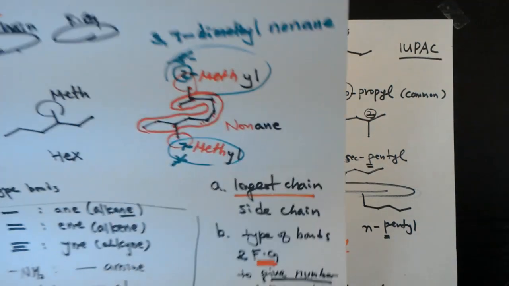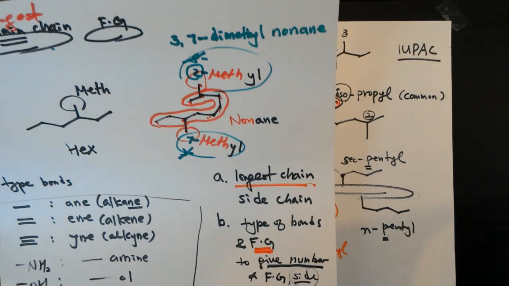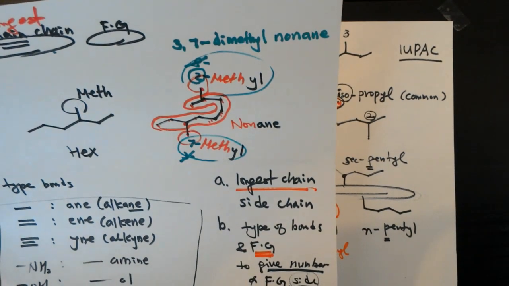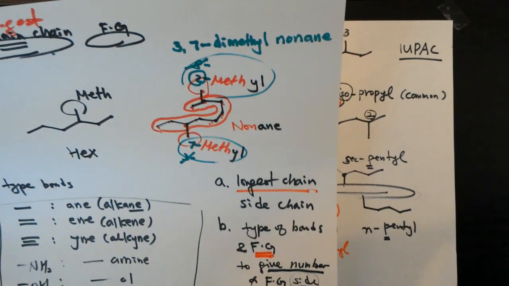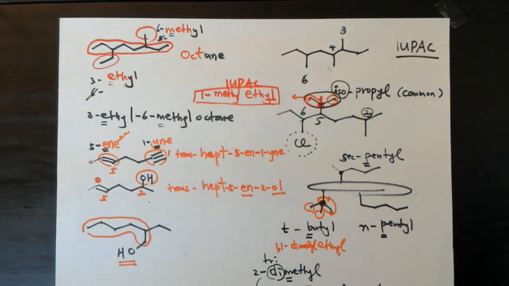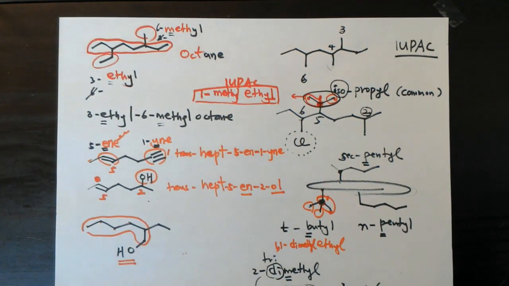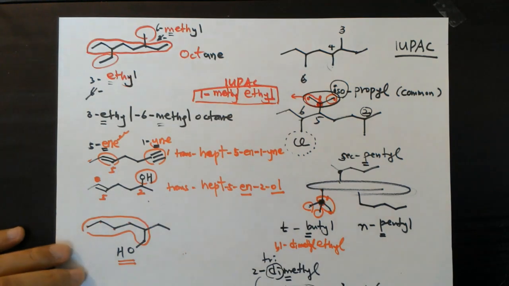When you choose the longest chain, you choose the longest chain for the functional group. Because after all, the chemicals are used as reactants, so what makes them react is the functional group, and what gives the compound its main property is the functional group.